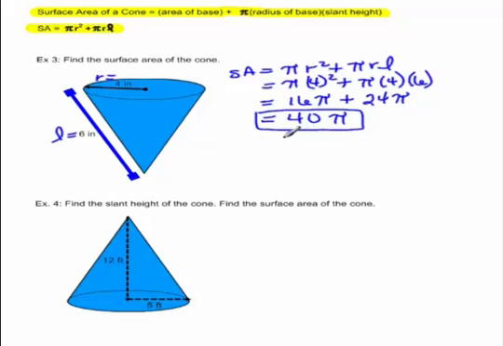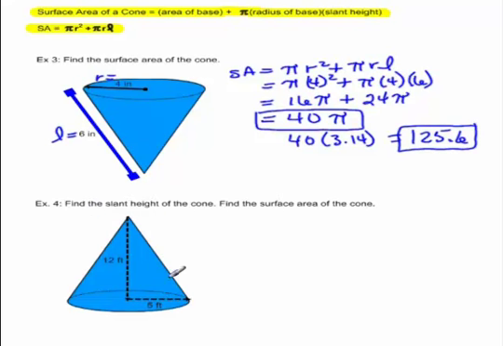So you want to say 40 times 3.14, and that is equal to 125.6. So that could be an answer also. And if it said round to the nearest whole number, you would round this to 126. Okay, let's do one more example.